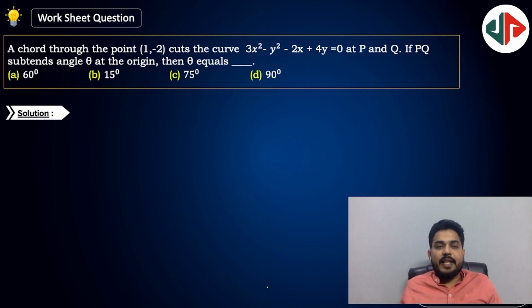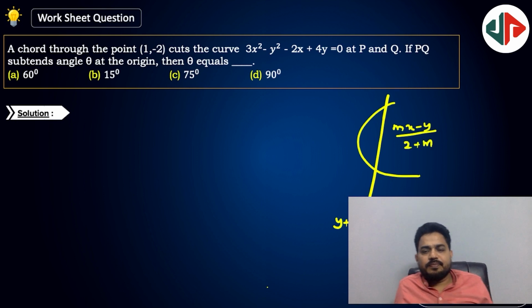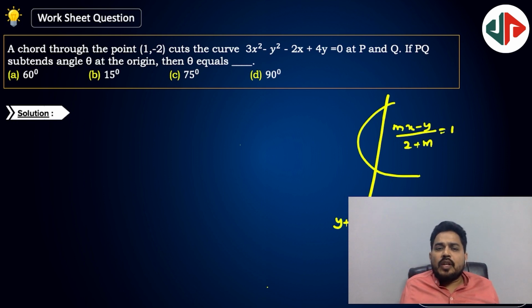Yes, again, a chord through this one. So this is the curve. This line can be written as y plus 2 is equal to m into (x minus 1). So I can write this equation as (mx minus y) by (2 plus m) is equal to 1.